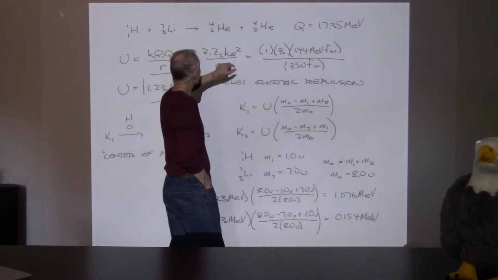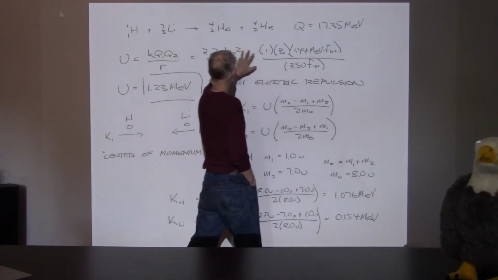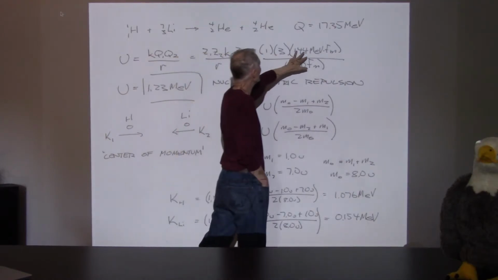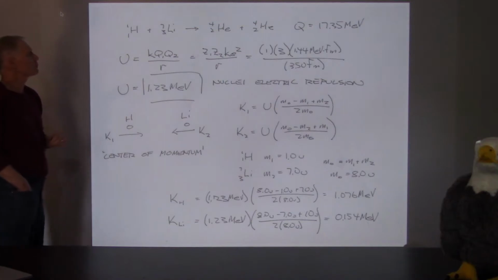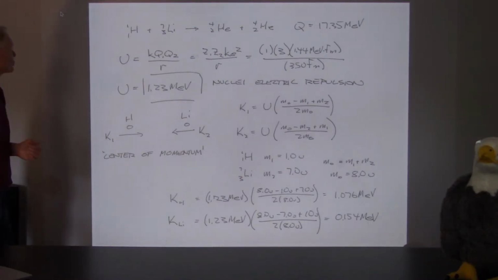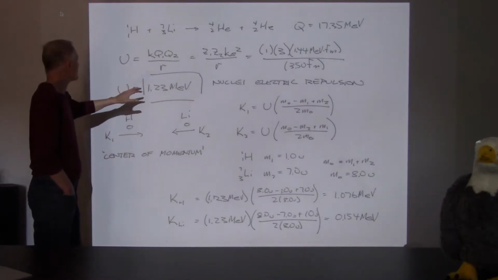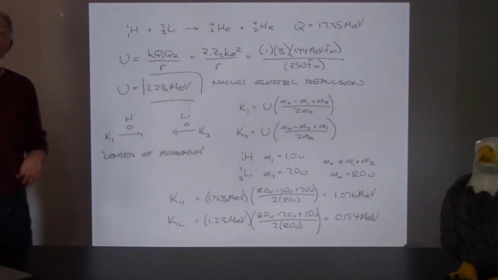And ke² is one of our shortcuts. Whenever I get ke² in a formula, I can replace that with 1.44. Those are good shortcuts to have in your notes. In this case, the units I want to use are MeV and femtometers, and plugging in all the numbers, I ended up with a potential energy barrier of 1.23 MeV.